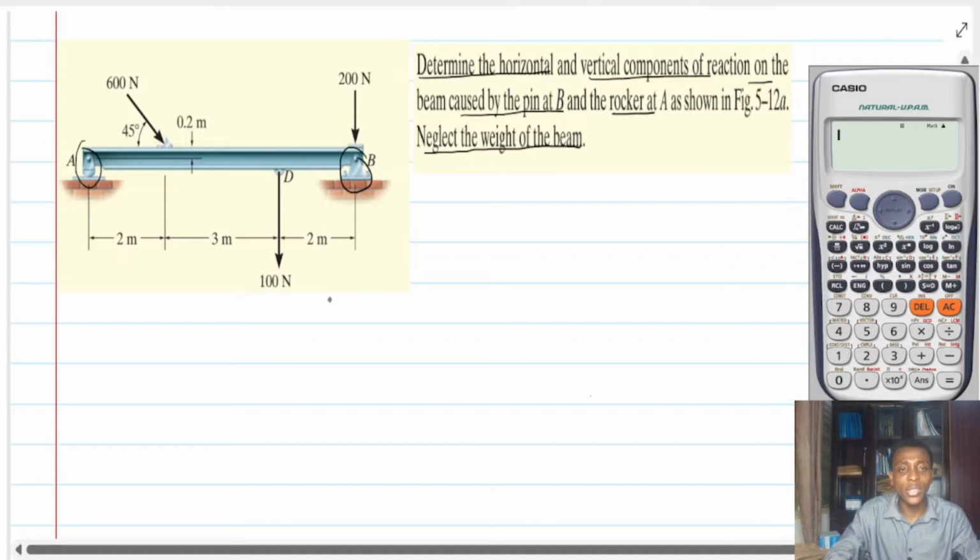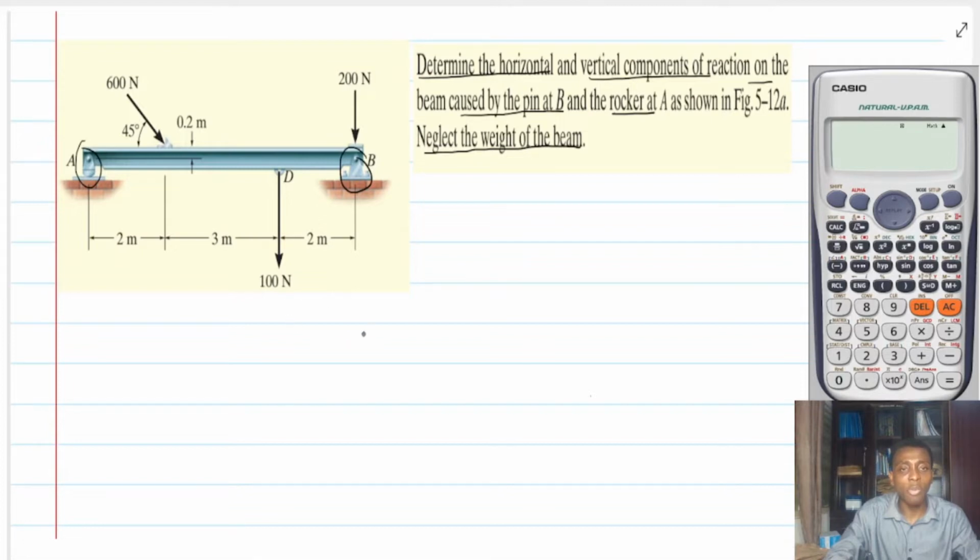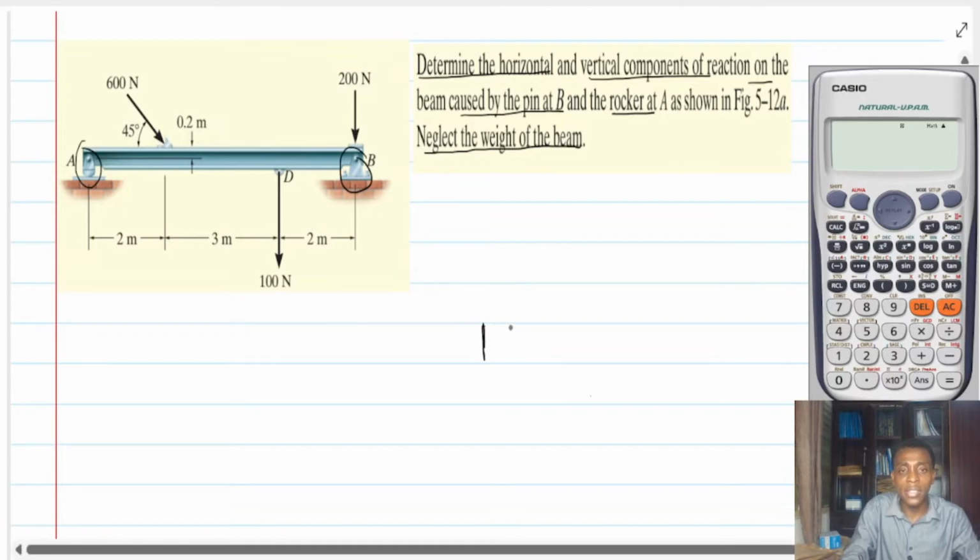So how do I do this? I need to draw the free body diagram. Let's draw the free body diagram of this system right here. So I have this right here. That is my beam.